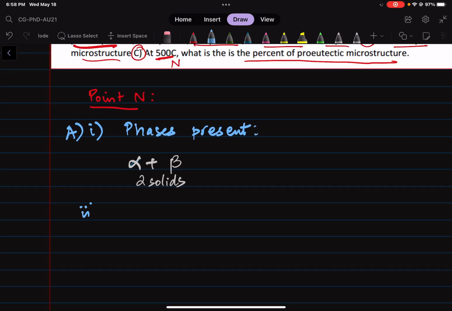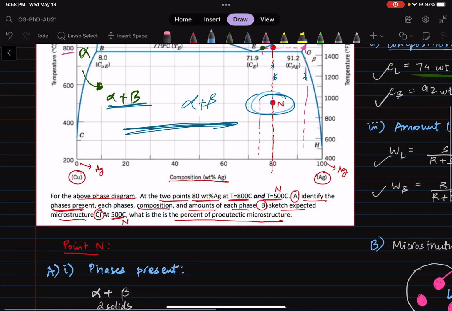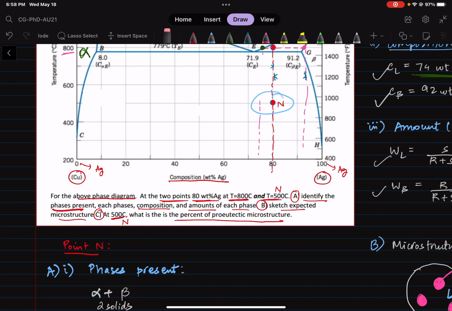For the second part, to find the compositions, again, let's start using the lever rule. And the first thing that you do to use the lever rule is draw a horizontal line, or the tie line. Let's clean some of this up. And again, we know that the C_0 is given as 80 weight percent silver. And then when you draw the horizontal line, you have to see where it touches the respective phases.